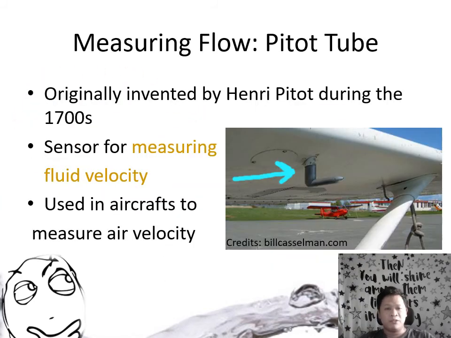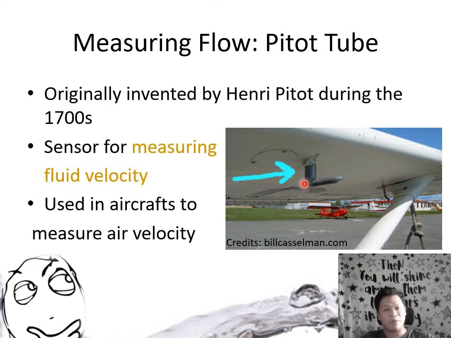So the pitot tube is a contraption invented in the 1700s by a man with the same surname, and it's used for measuring fluid velocity through similar means as the U-tube manometer. Typically, ginagamit siya sa mga aircraft. So you might see this in some aircrafts.